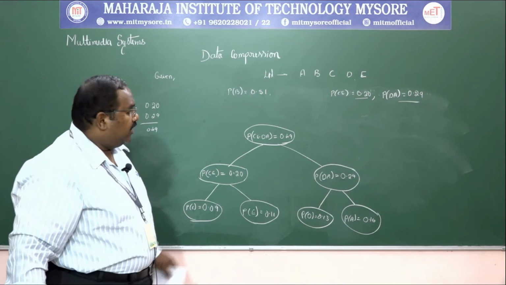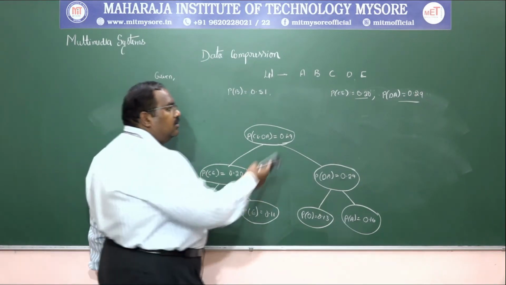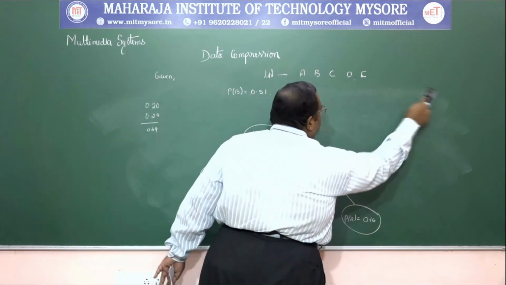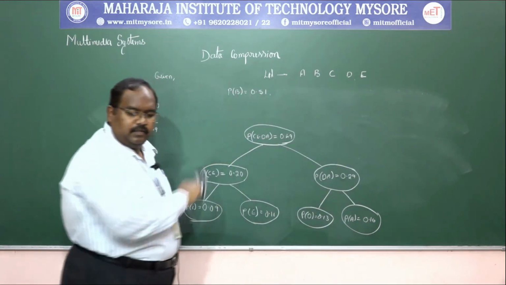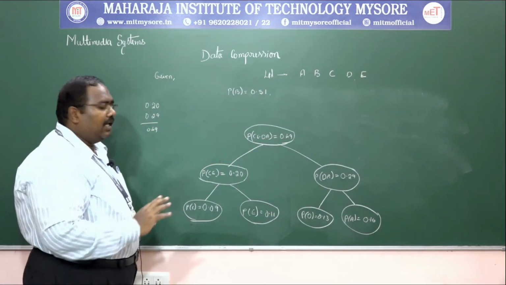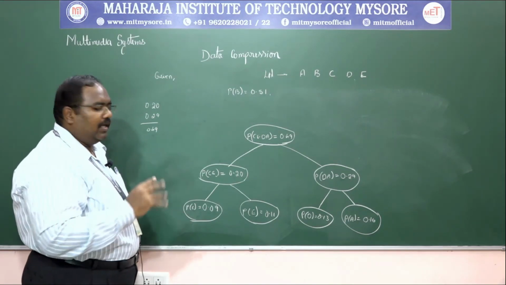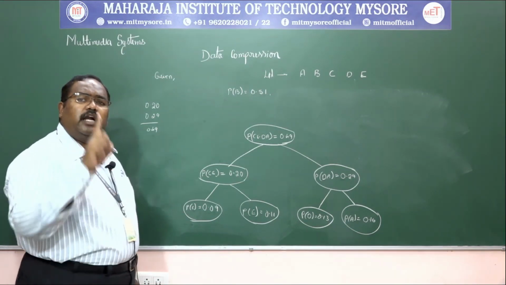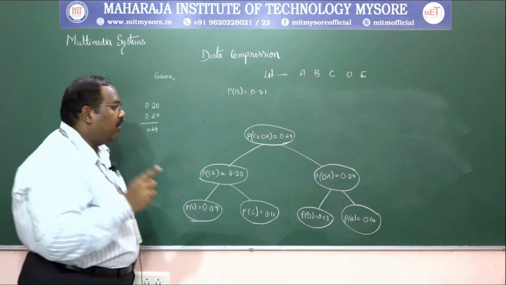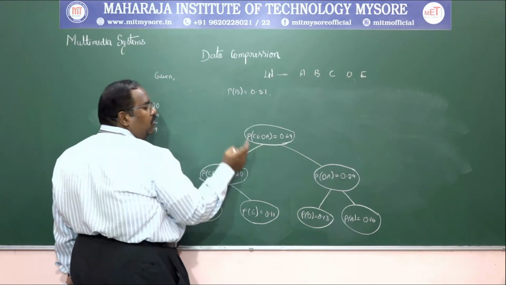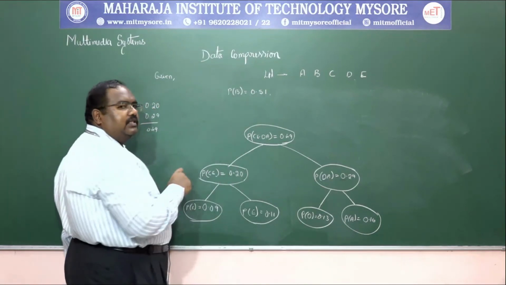Now again reduce the list. So these two are used, remove it. Now what is the only value that is being left? 0.5, that is the probability of B. So again we need to do it until only one node is left. Now how many nodes are left? Here one node is there, here one more node is there.